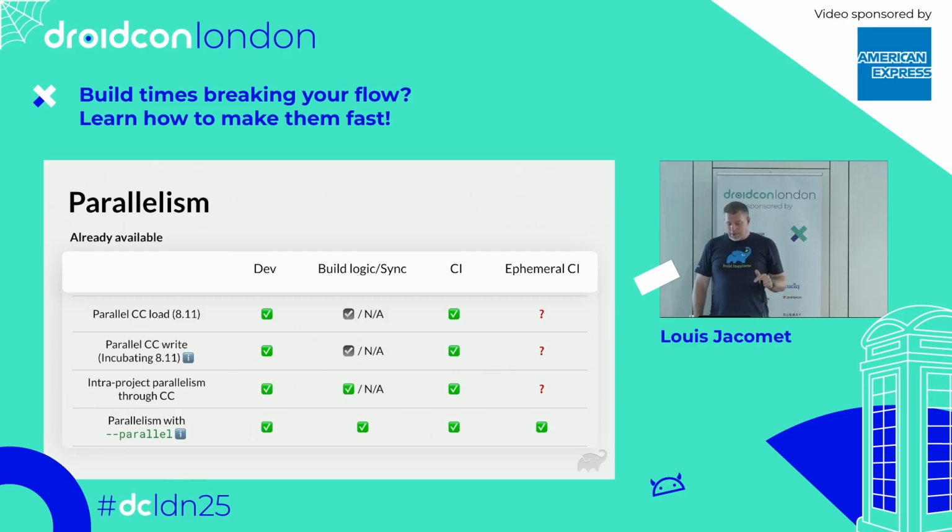Of course, all of that works mostly on the developer machine. On a CI machine that has state, it doesn't work well when you're changing the build logic, and of course, ephemeral CI remains a problem. However, we have a question mark and not a red cross because of that third line. Configuration cache, because it's, if you want, a step before isolated project, imposes that at execution, you do not touch the configuration anymore.